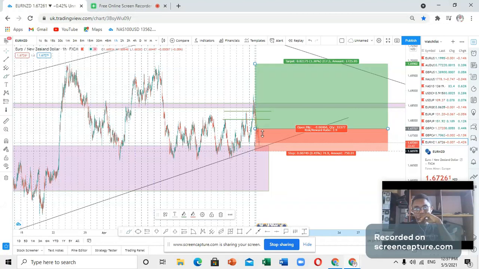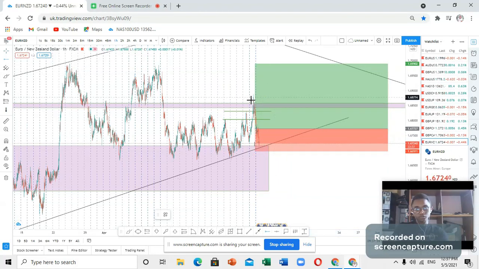You can see that we are having several tests on this trend line here, but I'm still expecting the market to move further up. My first take profit will be, let me just highlight it using this, at this point, and then my second take profit will be at that point.